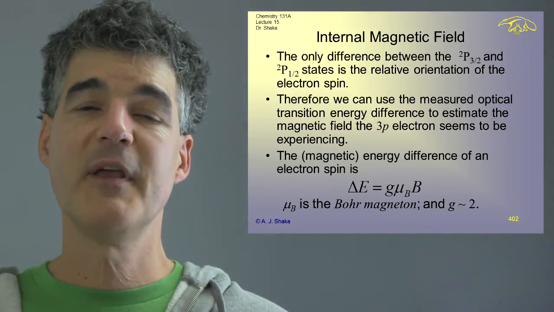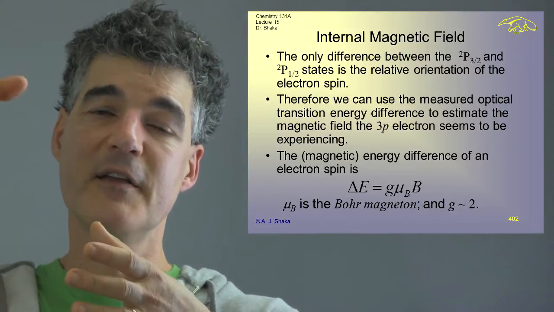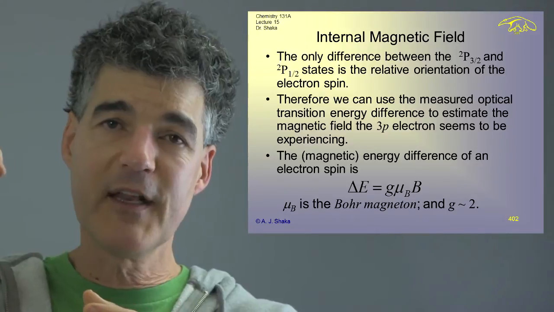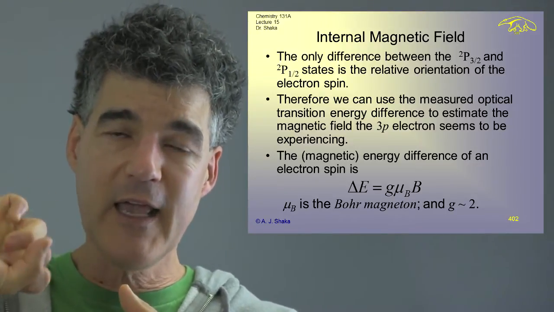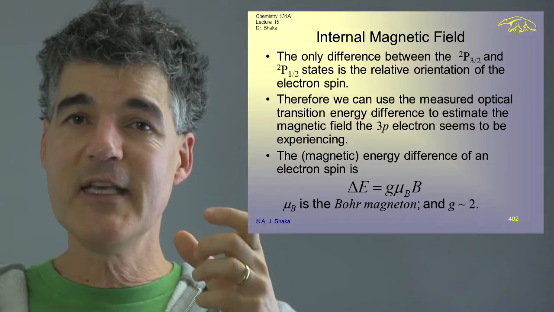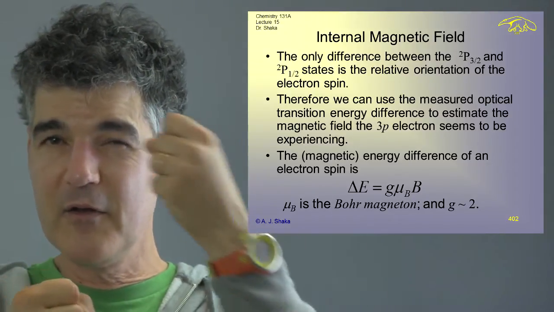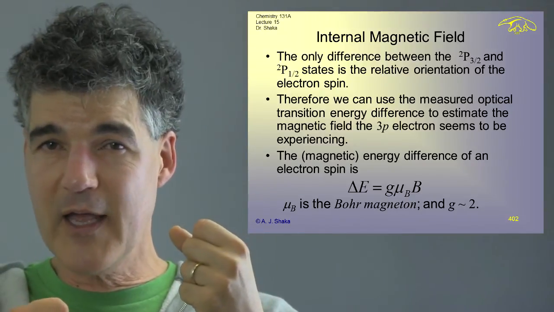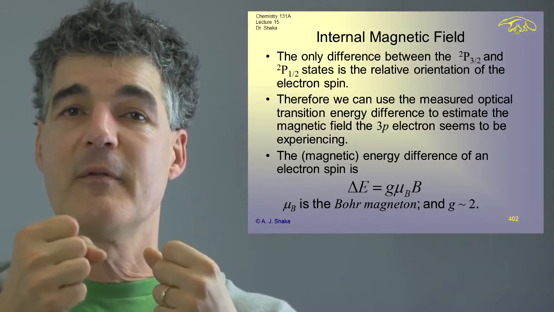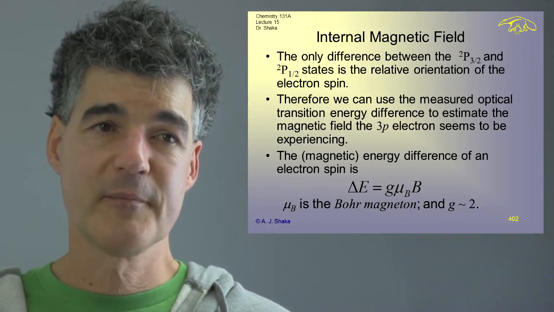And it must be then the energy difference is just whether this intrinsic magnetic bar magnet of the electron is aligned or against the magnetic field that it sees. From the perspective of the electron, the nucleus is going around the other way, and it creates a magnetic field that acts on the electron.